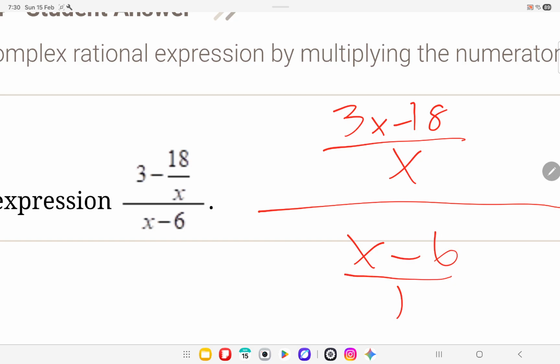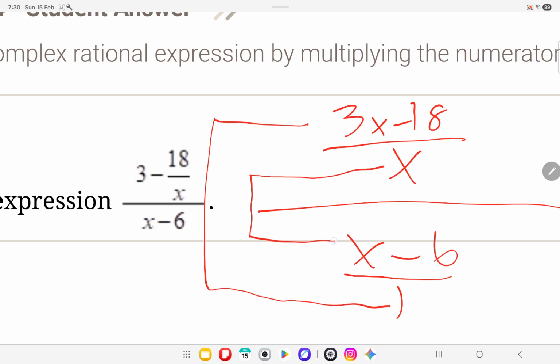So when we have a question like this, what we do is we multiply the farthest ones by each other, and the closest ones by each other. So we do 1 times 3x minus 18 is just 3x minus 18 over x times x minus 6, which is x squared minus 6x.